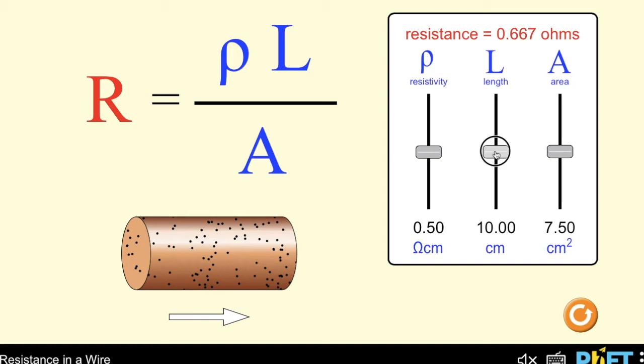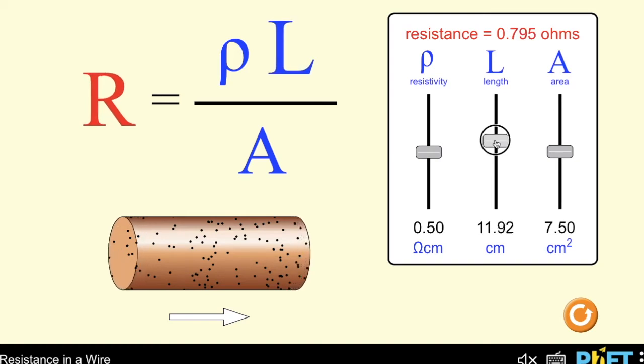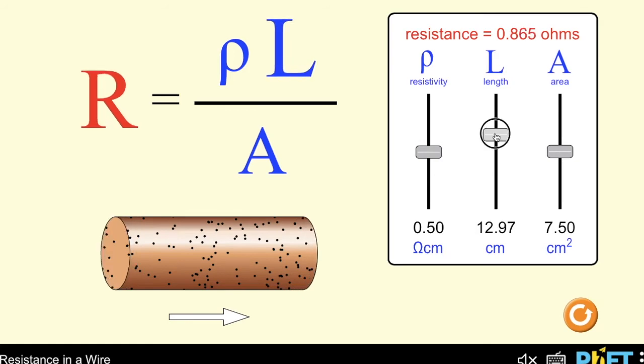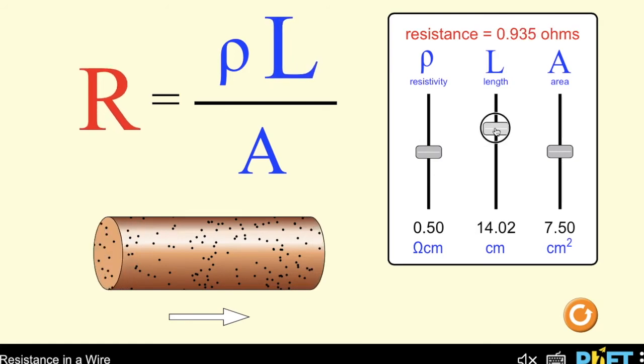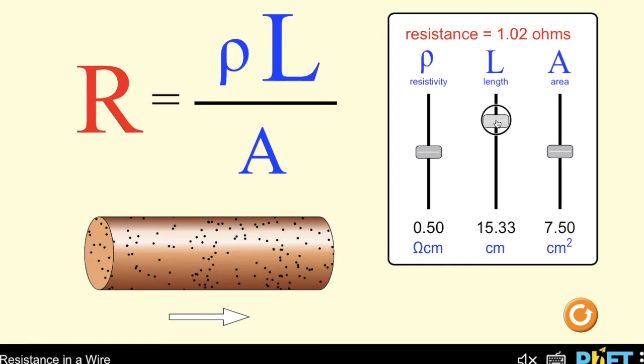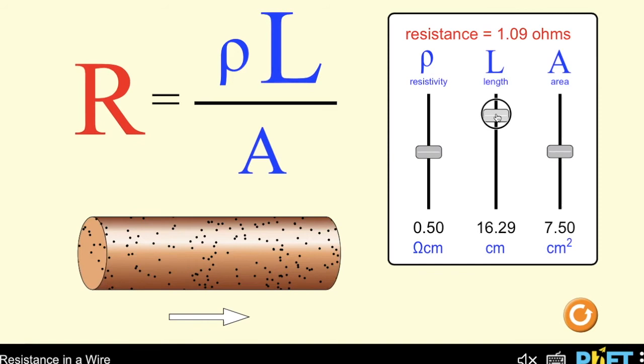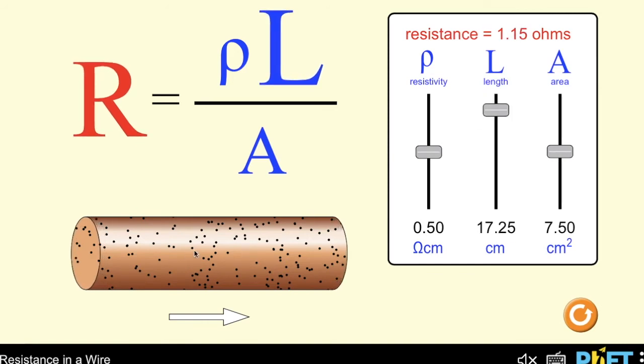Now regarding the length, as we have seen before, whenever you increment the length of a conductor, you are prolonging the path of obstacles that the electrical current has to overcome in order to go from one end to another. As we can see, whenever we are incrementing the length, we are creating more obstacles for the electrons to overcome.